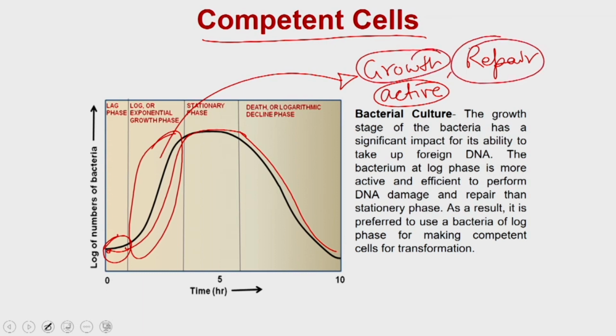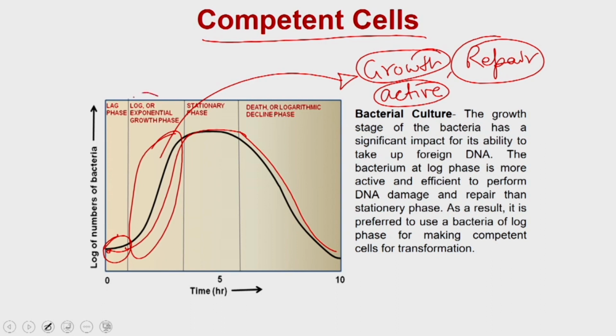You cannot take the lag phase because the lag phase bacteria are still under stress and are adjusting to the new media conditions. You cannot take the stationary phase because these bacteria are not growing and are not very good in terms of growth as well as the repair mechanisms. Death phase anyway you cannot take because those bacteria are not growing and they are in the death phase.